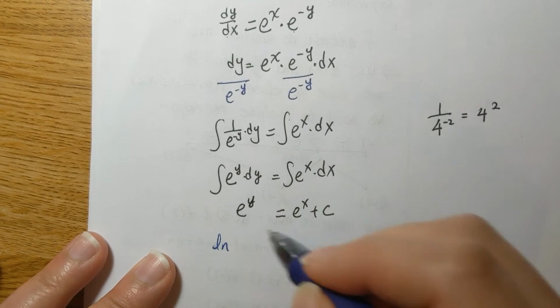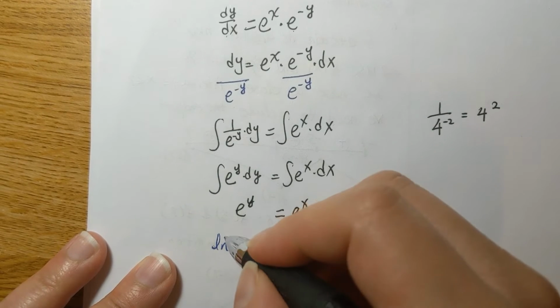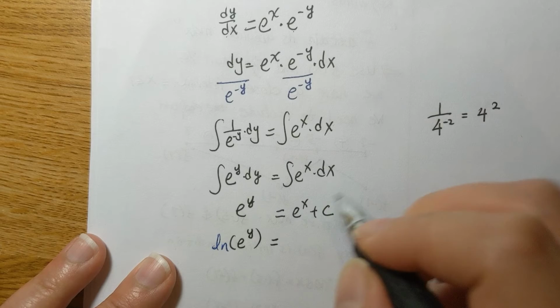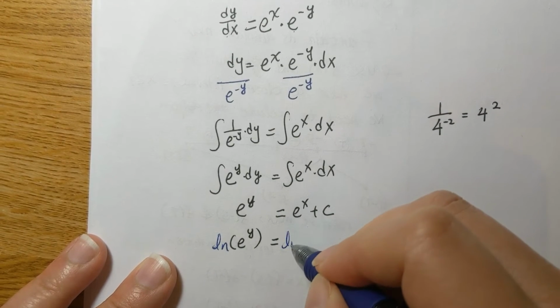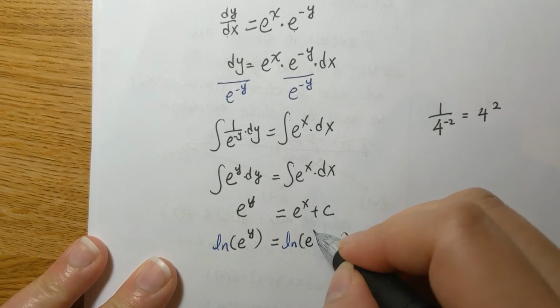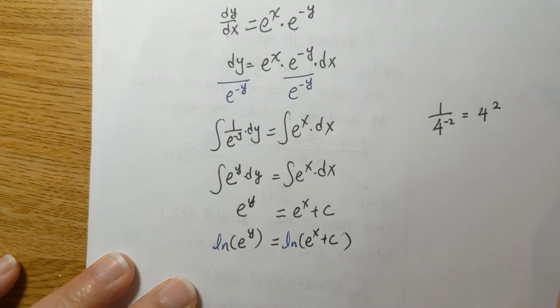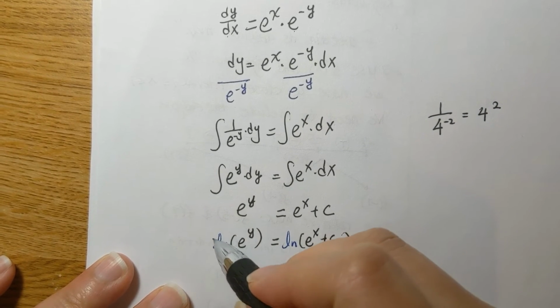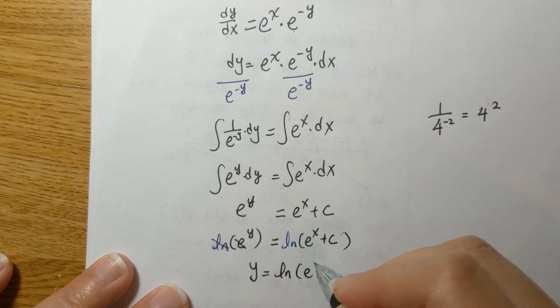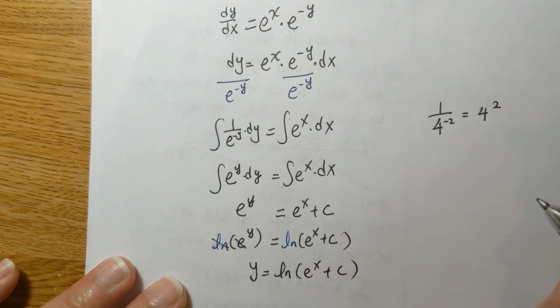So we do ln. So this cancels out. So we get y equal to ln of this.